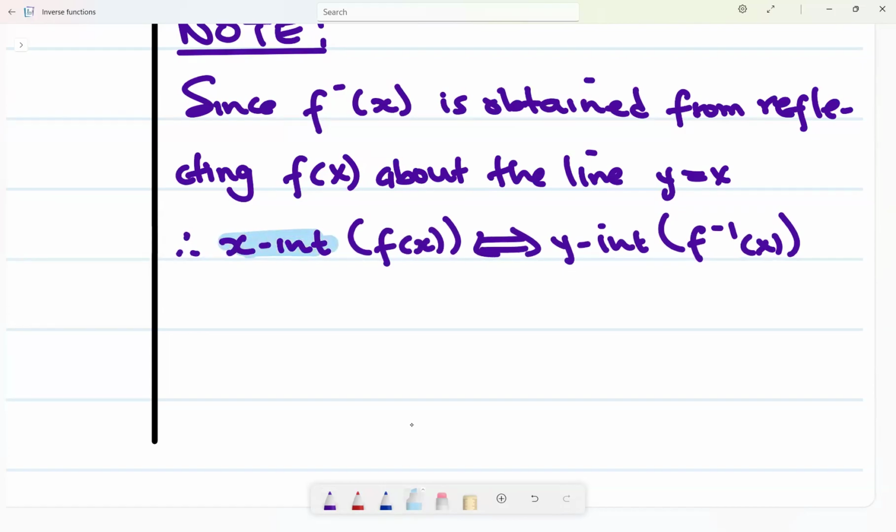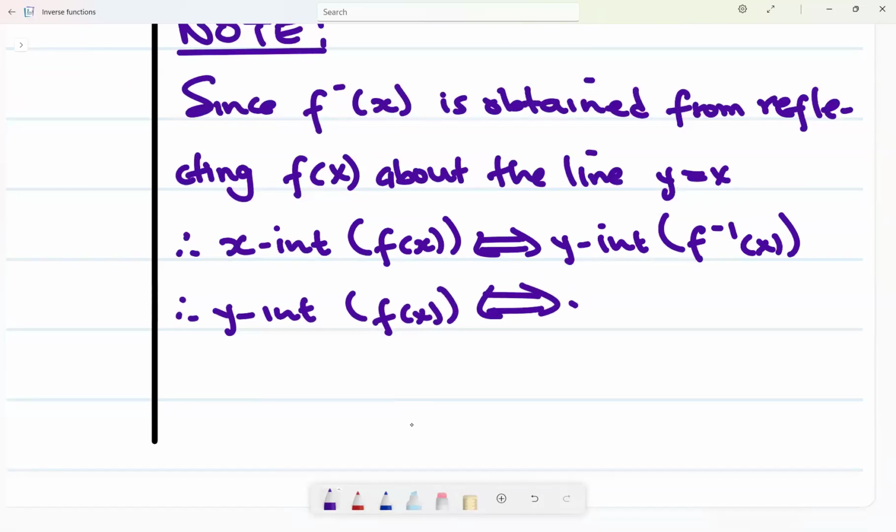If it is x on the original function, it's going to be y on the inverse function. Just like that. Therefore, again, the y-intercept on the original function is the x-intercept on the inverse function.